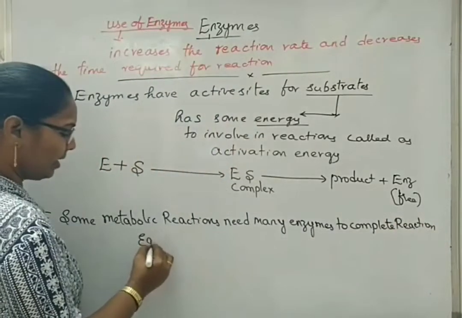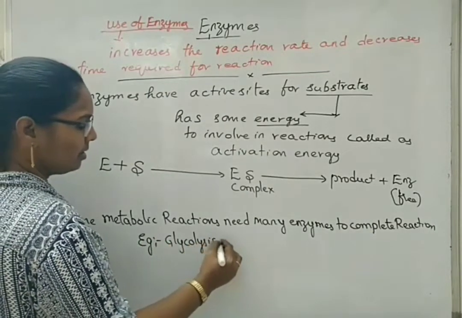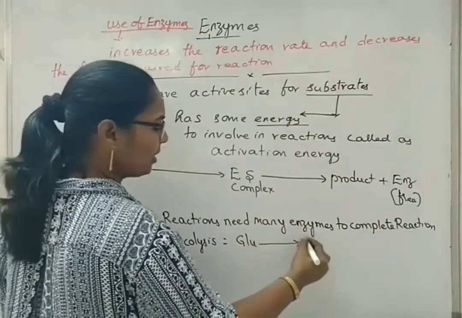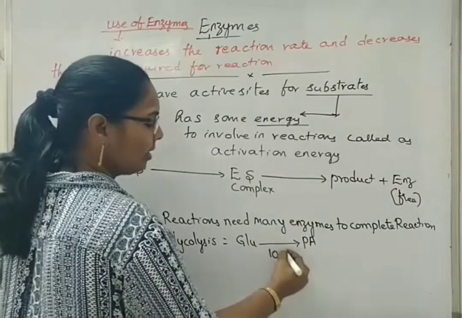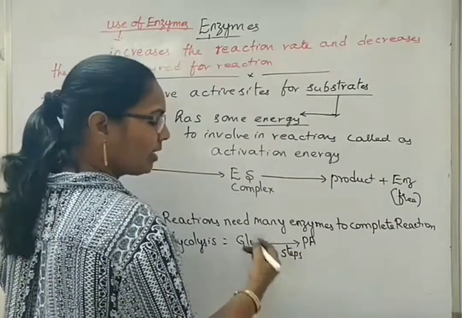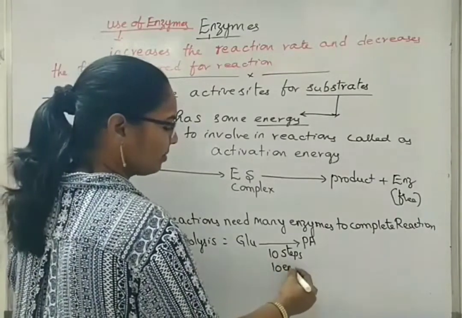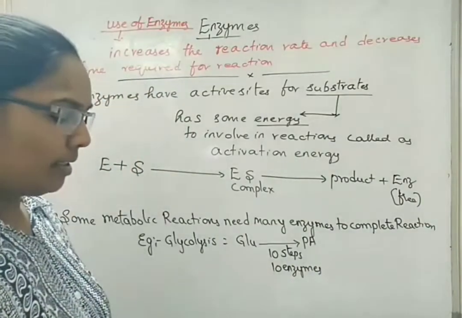Example we can take as glycolysis, where glucose is converted into pyruvic acid, and here nearly 10 steps are involved and approximately 10 enzymes are involved to complete the reactions.